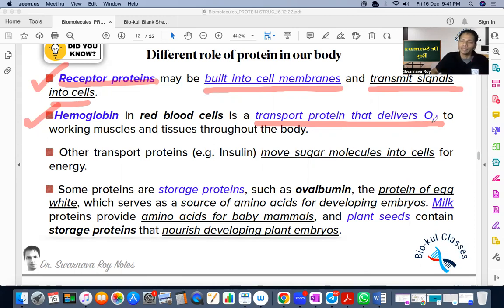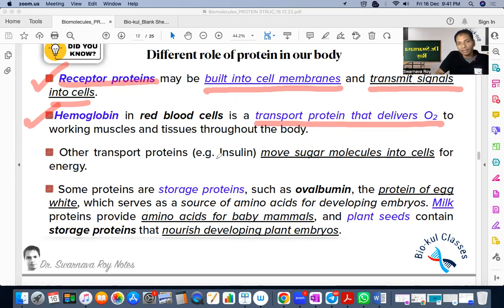It's a protein complex, you can say, because it is made up of 4 different kinds of polypeptides: alpha 1, alpha 2, beta 1, beta 2. Each polypeptide can accept an oxygen atom, and it can transmit that to the tissues of our body. That's how, when we breathe in, that oxygen is carried by hemoglobin, and they transfer that to the different kinds of tissues in our body.